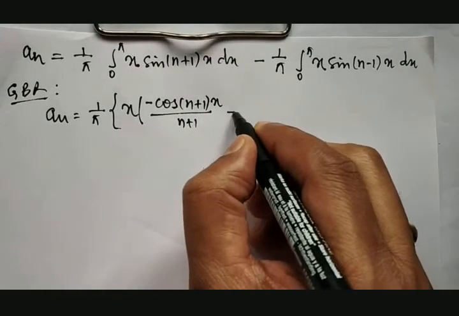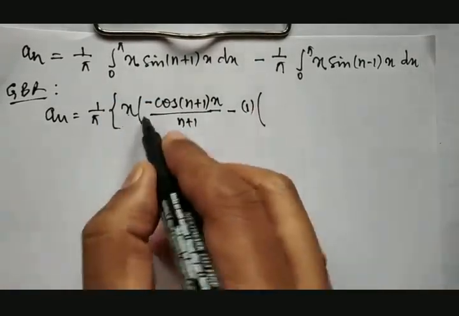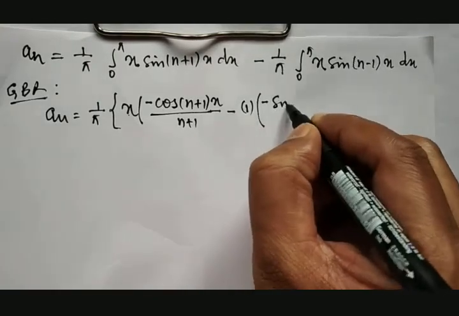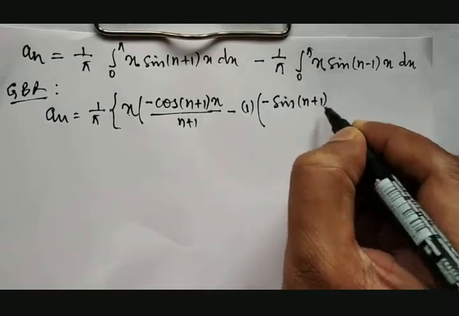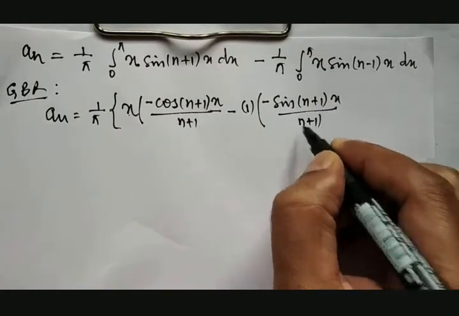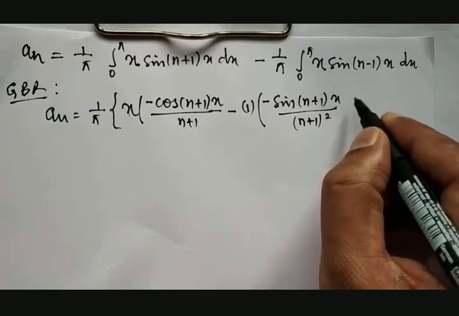Fine. Minus differentiation of the first function is 1, then integration of the second function, it is already minus, integration of cos will be sine of n plus 1 x divided by n plus 1 into n plus 1 will be n plus 1 whole square.